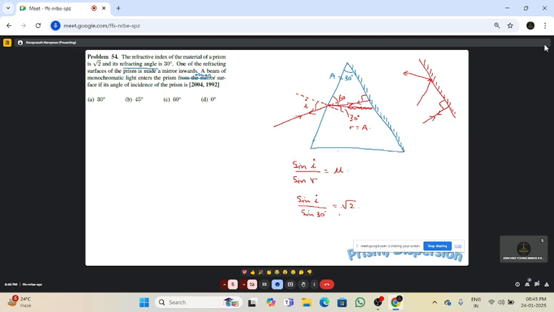Minimum deviation derivation. What's your question? Repeat that. Sir, A is equal to R1 plus R2. Yeah. In the minimum deviation situation, what you are saying is true. So I will show you the derivation.